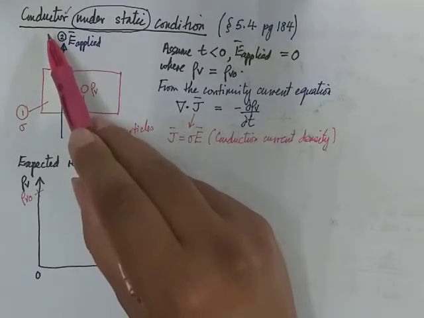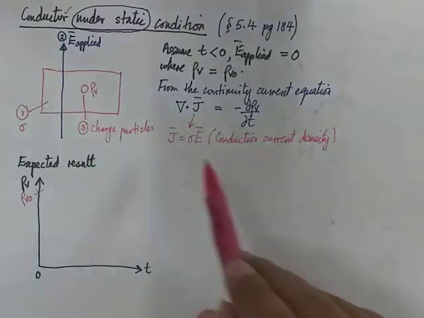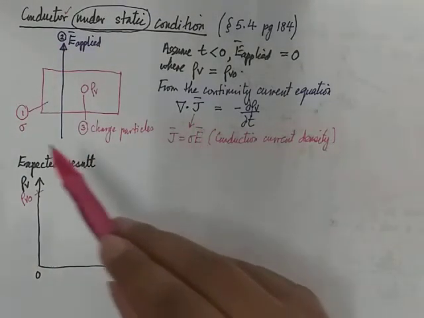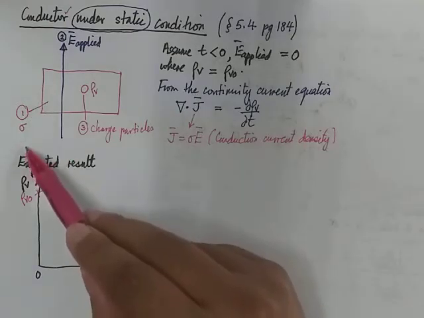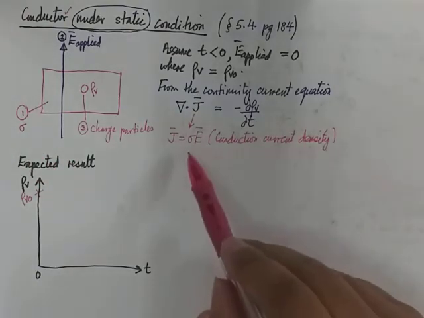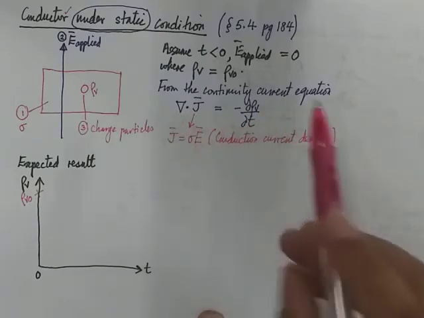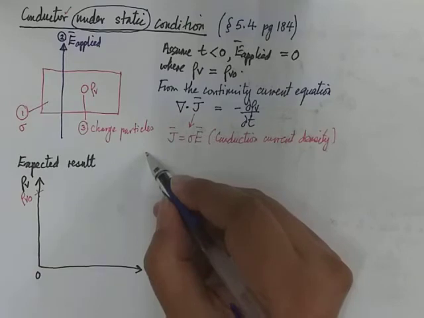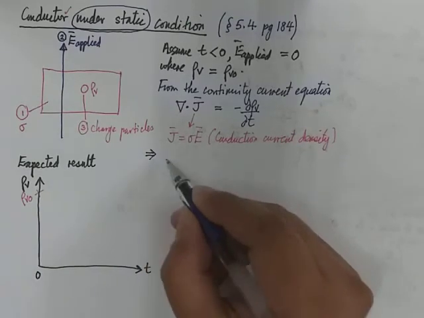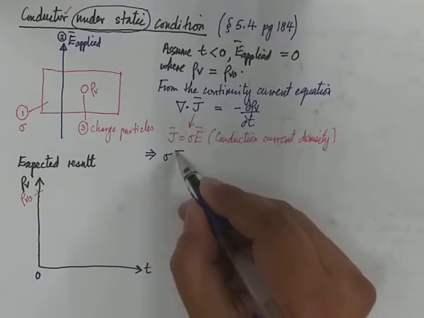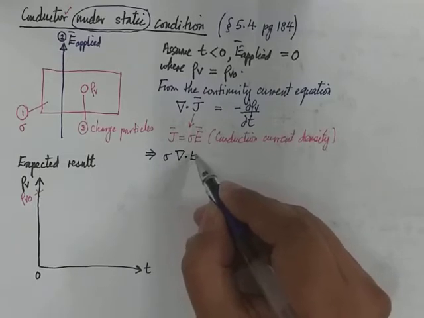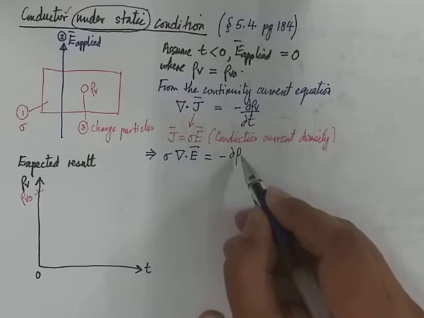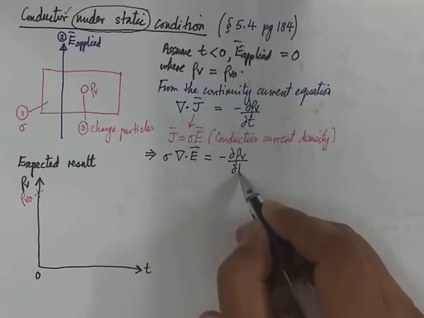Due to that reason, I can use this equation in my substitution. Because conductor contains the parameter sigma, and the sigma is needed, so we're going to put it here. So now the new equation that we develop is sigma divergence of E equal to negative d rho v over dt.